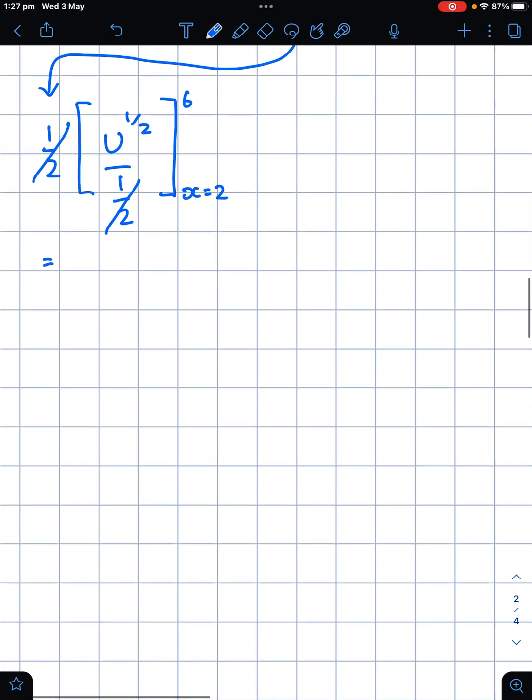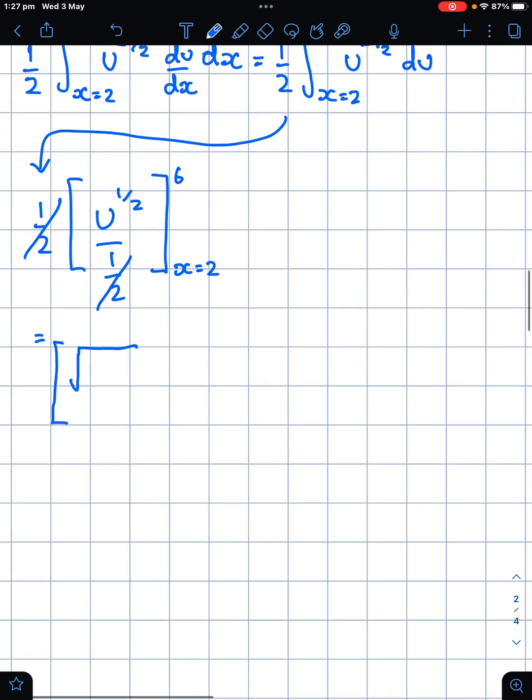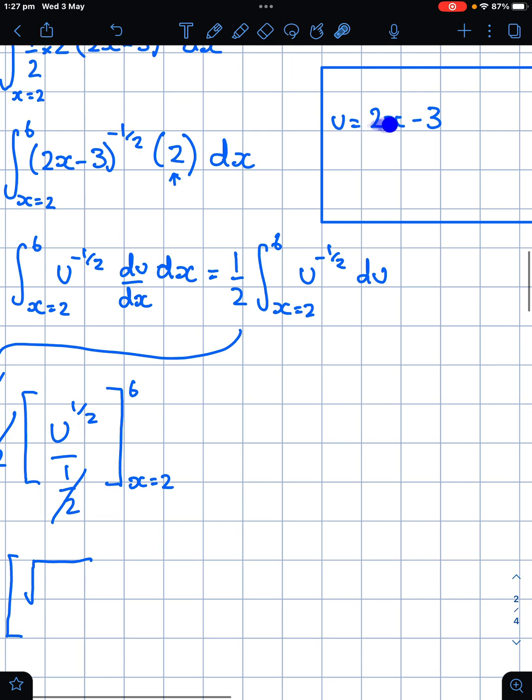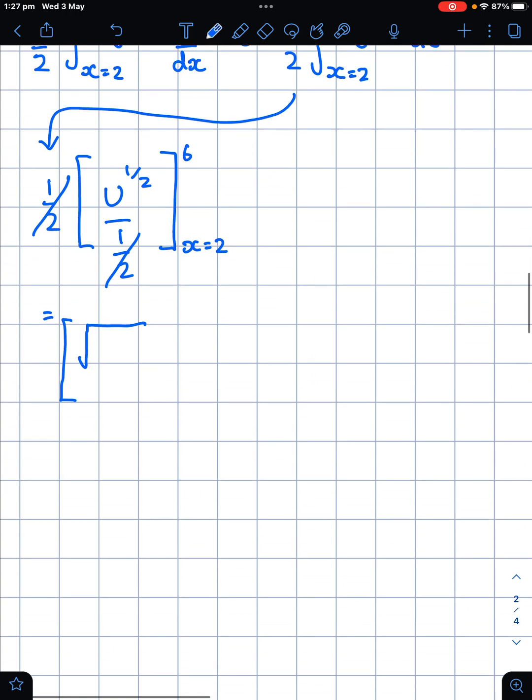So u to the 1/2, I've just put the square root in for that because we're going to calculate it, and u is 2x minus 3. So let's put that back in: 2 times the square root of 2x minus 3, from x equals 2 to 6.